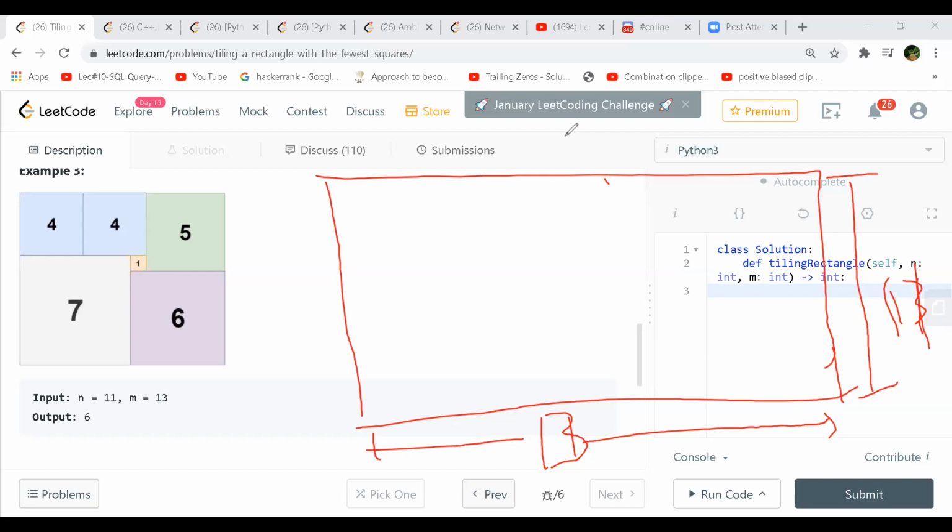Then we are left with 1 by 2 space, which will make two squares of 1 by 1. So we'll have 5 squares of 2 by 2 and 2 squares of 1 by 1.